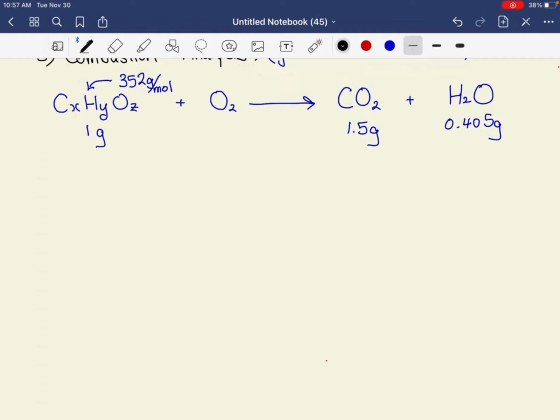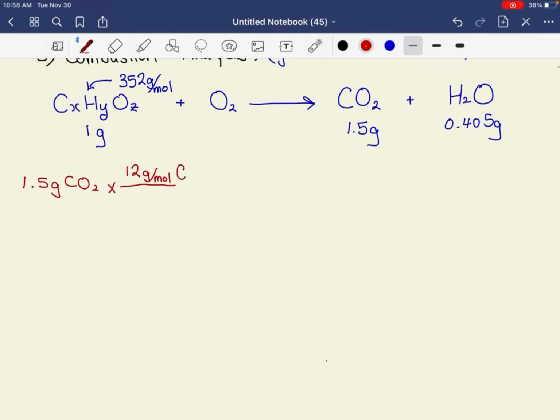So if we can find in 1.5 grams of carbon dioxide how much of that 1.5 grams belongs to carbon, we would know that out of 1 gram of fuel, how much of that 1 gram belongs to carbon as well, because all the carbon in that fuel went on to become carbon of carbon dioxide.